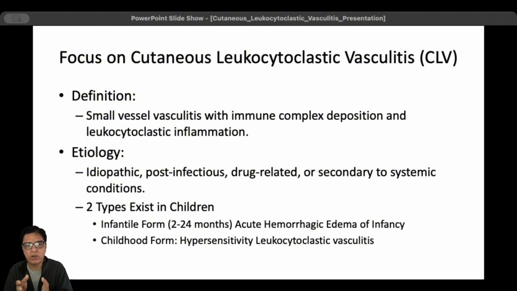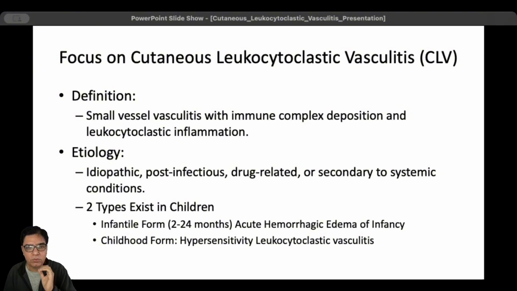They are just like suicide bombers who attack the endothelium and get destroyed as well. That destruction leads to the painful purpuric rash you see on the skin, because venules are very close to the skin surface. That's why you get those purplish spots on the skin, which we call palpable painful purpura.